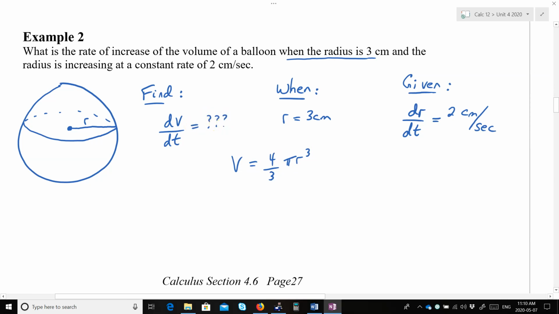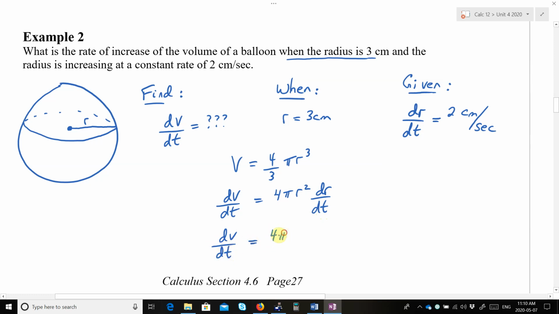Okay, and they want us to find dV/dt, so we will differentiate this equation with respect to time. So you go dV/dt equals 3 times 4/3 is 4. We still have the pi, r squared, and then dr/dt. And we want to find dV/dt. It's by itself already, so that's great.